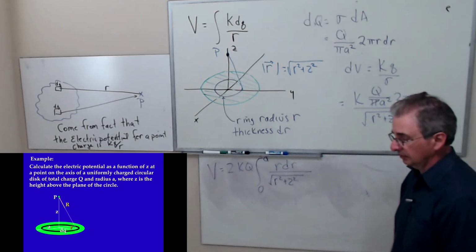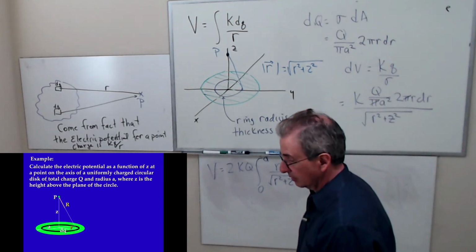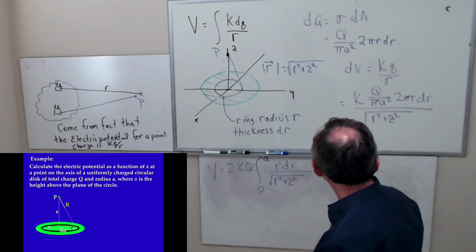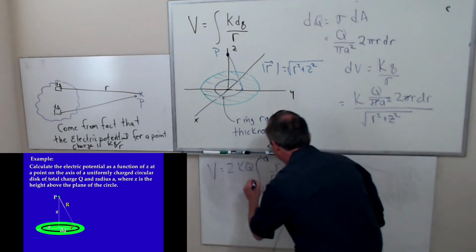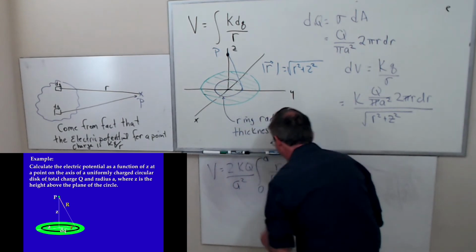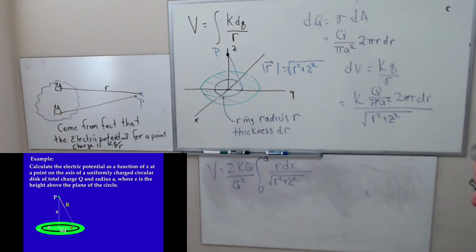Are we okay up to here? You dropped the a squared. All right, thank you. All right, how about now? Looks great. Okay, great.